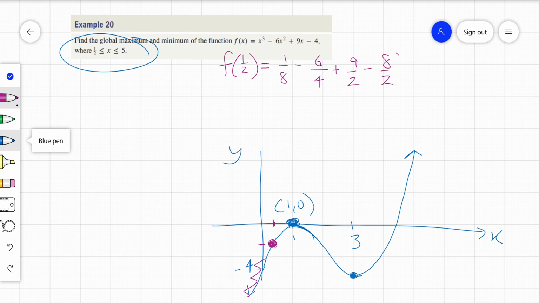So we've got 1 on 2 for that bit. 1 on 2 is 2 4s. So minus 6 plus 2 is minus 4 on 4, so minus 1, which is 1 on 8 minus 8 on 8, if you followed me there. So that's minus 7 on 8. That's how low that goes.